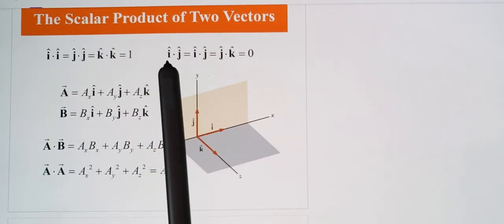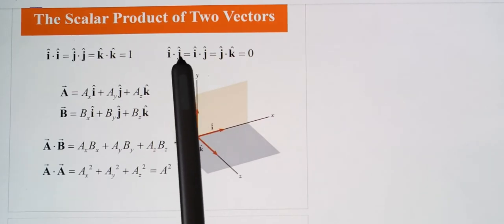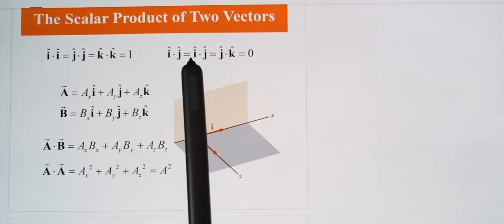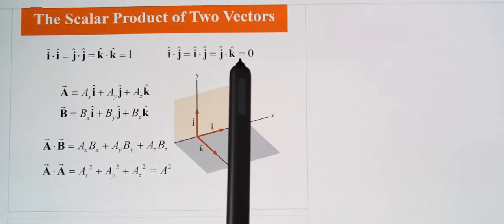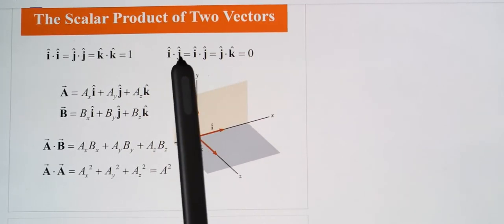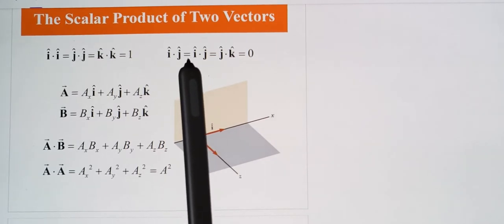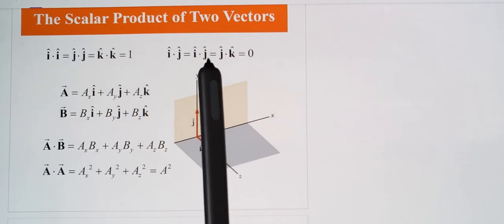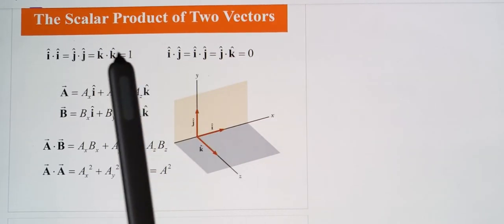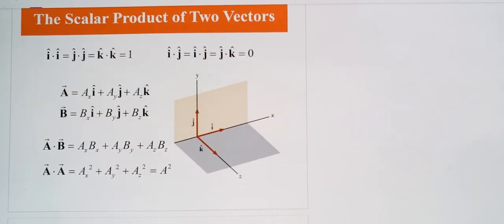If you dot product the unit vectors, any two different unit vectors, it will give you a 0 value. I dot J or I dot K or J dot K or whatever, it will just give me a 0.